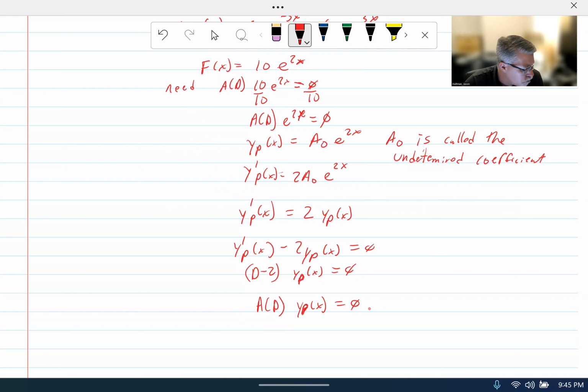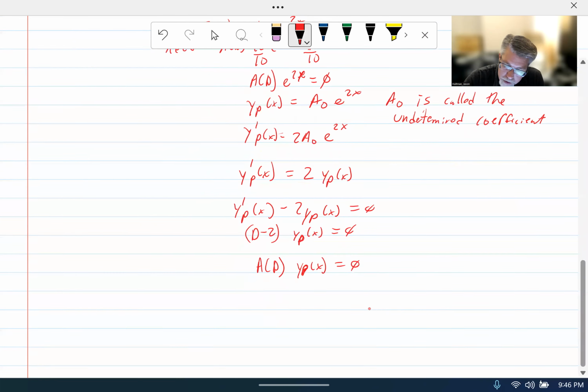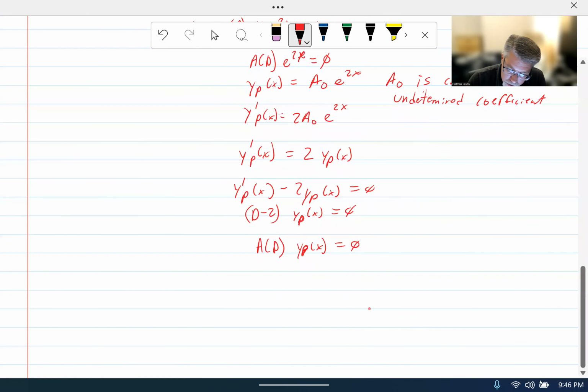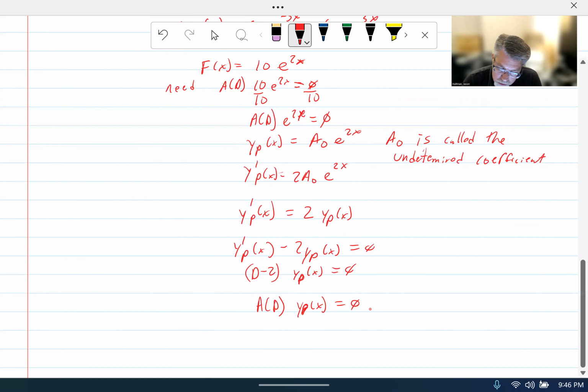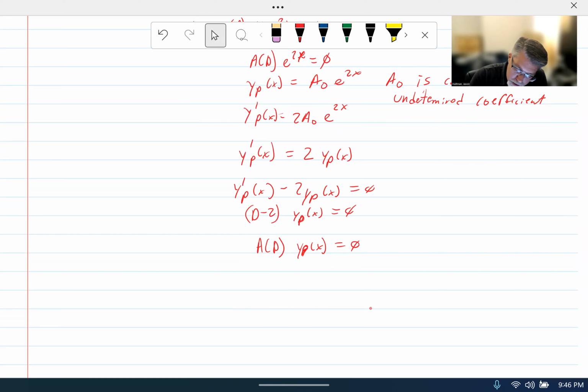What I can do now is add this to my original homogeneous differential equation. This thing is going to annihilate, or get rid of, the f of x. And so I'm going to do (D minus 2)(D minus 3)(D plus 3) of y is equal to 0.